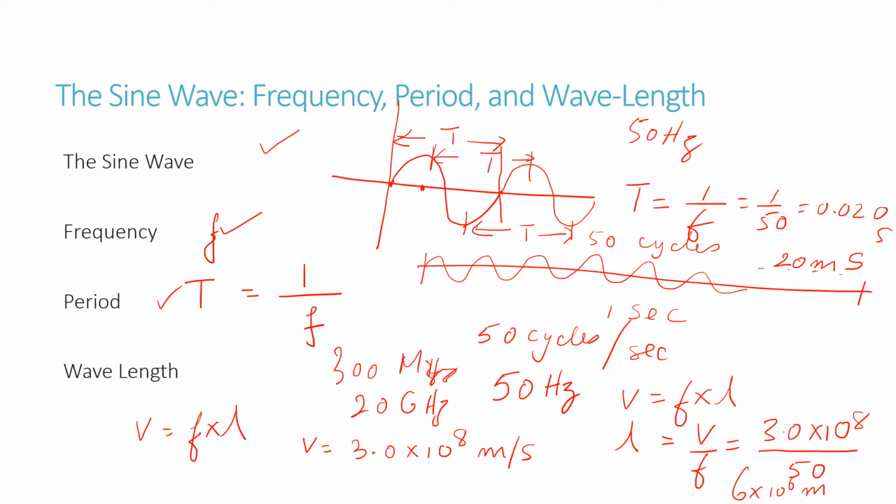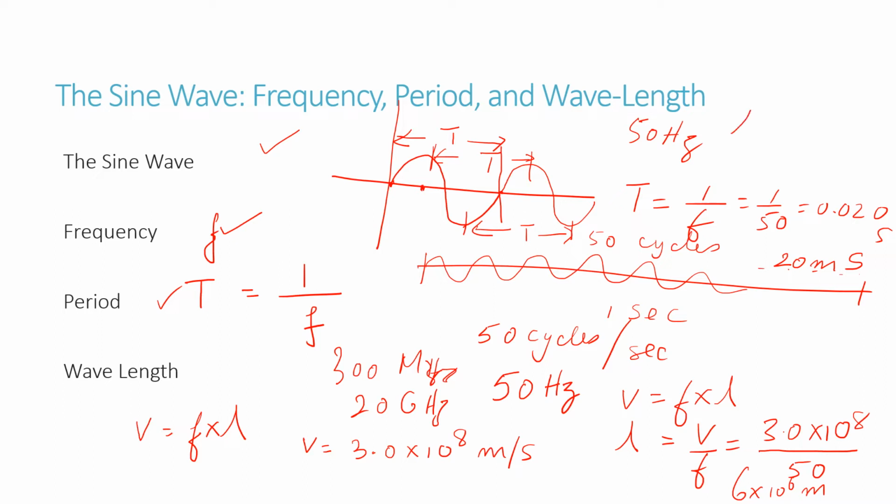Now, if we're talking about a frequency of, let's say, 20 gigahertz, a gigahertz is 10 to the 9.